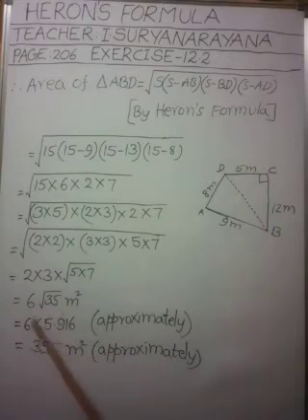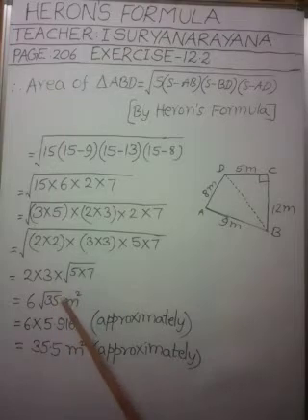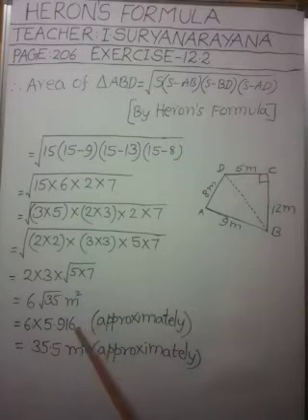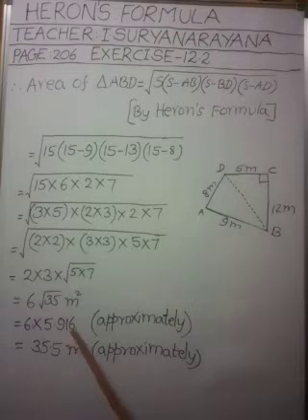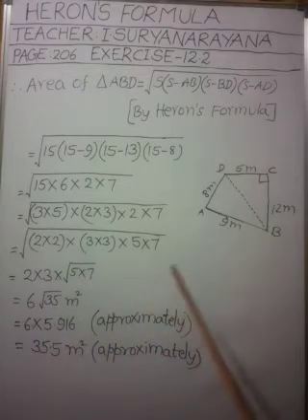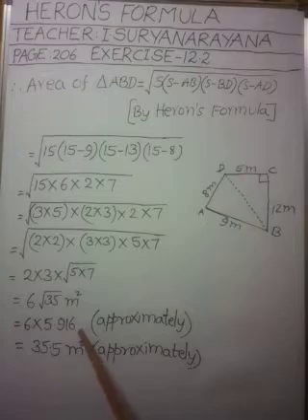Right. That is equal to 6 into, let us find the square root of 35. What is the value of the square root of 35? 5.916 approximately. It is not an exact value, it is an approximate value. Okay, my children, do you know how to find the square root of a number by the division method? Right, by using that method we find the value of root 35, then we got 5.916.